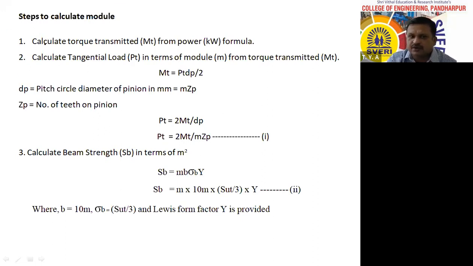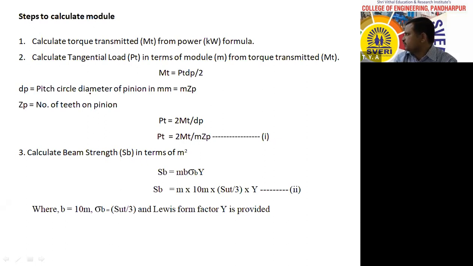First, calculate the torque transmitted, that is MT, from the power in kilowatts formula. Then calculate the tangential load PT in terms of module M from the torque transmitted MT. That is, MT is equal to PT into dP divided by 2, where dP is the pitch circle diameter of pinion in mm, which is equal to M into Zp.